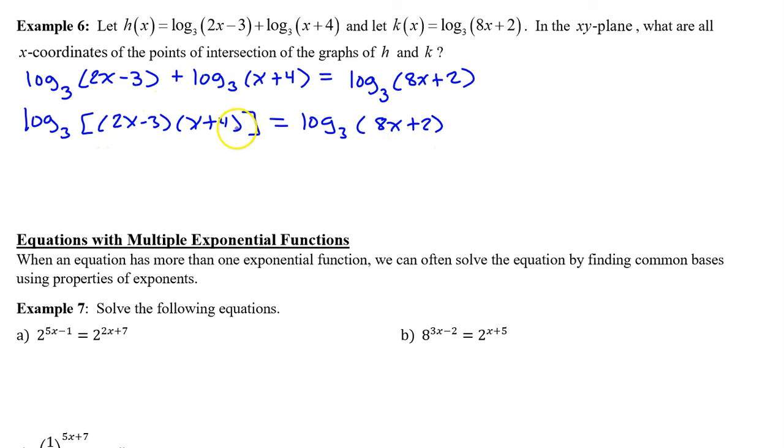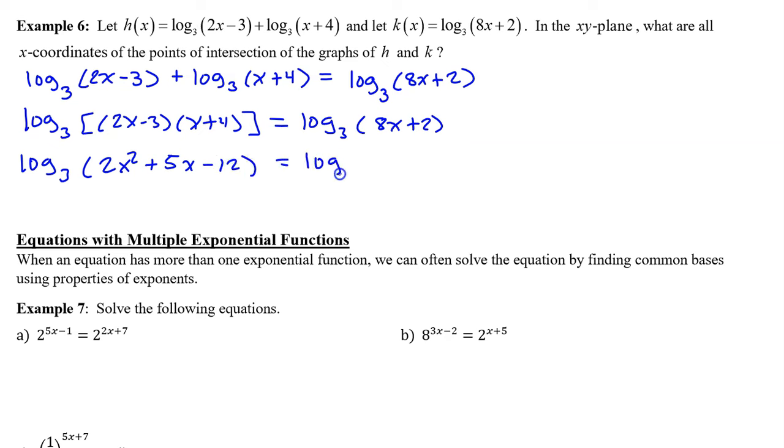Let's FOIL this out. So we will have the log base 3 of 2x times x is 2x squared. Outer, that's 8x, minus an inner of 3x, so that's going to be 5x in the middle. And then negative 3 times 4 is negative 12.